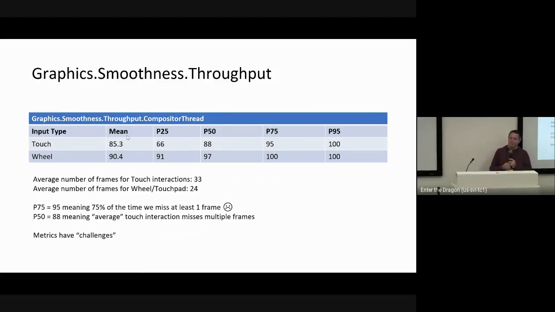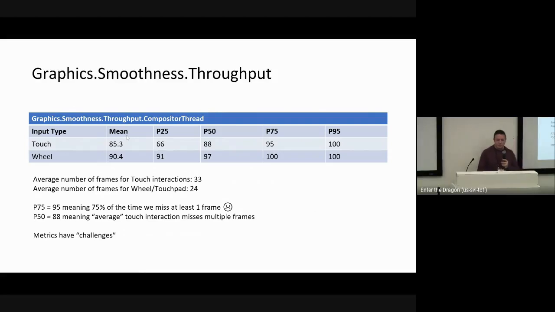Then you look at some other data, and we know, for example, that the average touch interaction while scrolling is about 33 frames. So what that translates into is you missed a few frames on an average interaction at the 50th percentile. Or if you put that in simpler terms, 1 out of 2 scrolls is potentially janky.